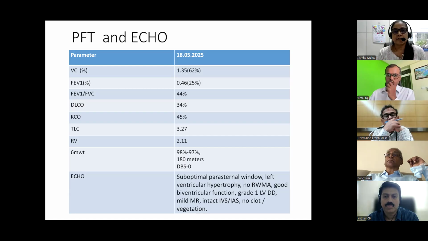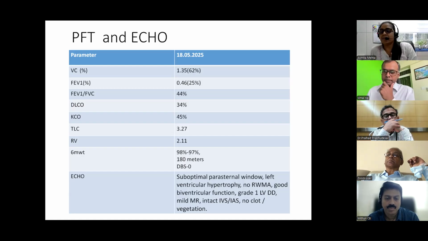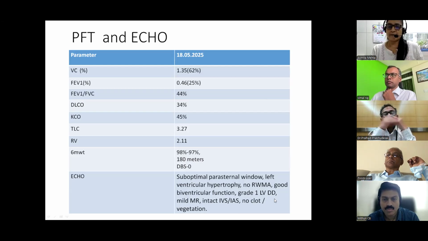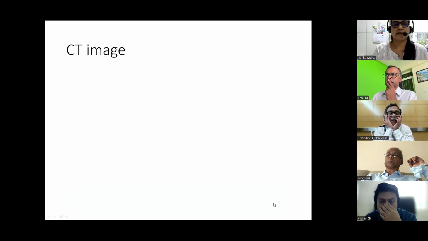Total lung capacity was 3.27. In the walk test, he didn't desaturate, but he didn't walk much either, 180 meters. Echo had a suboptimal window, but no RWMA, good biventricular function, no pulmonary hypertension, no vegetations. And with that, I will stop sharing the screen.